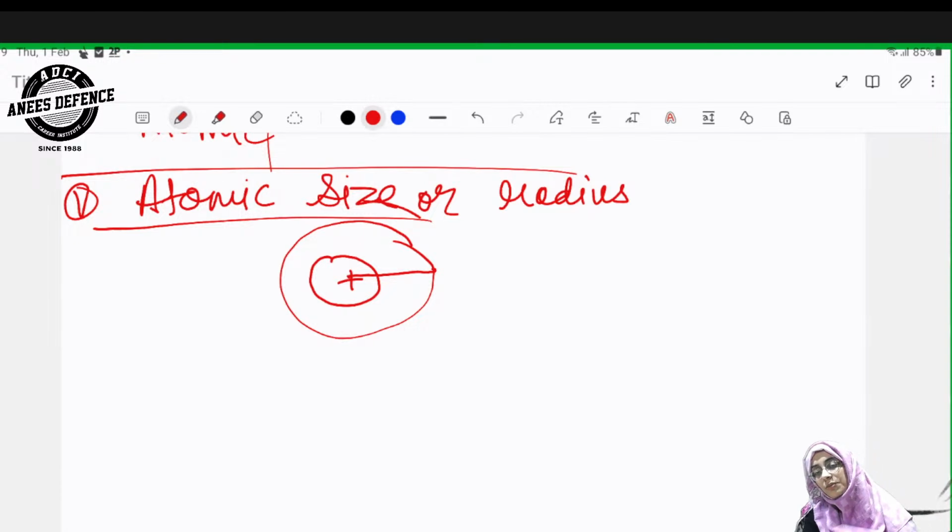We will discuss that here: electrons are not in a fixed orbital. Because an atom is so small, it is impossible to separate it so that its size can be measured.